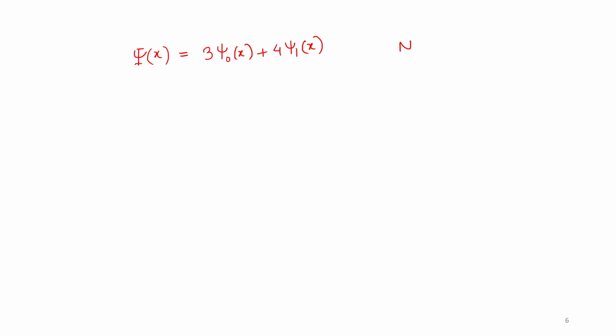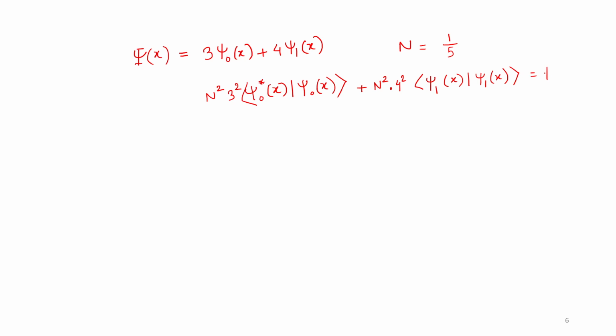What will be the normalization constant here? n squared times 3 squared times the integral of psi_0 star psi_0, plus n squared times 4 squared times the integral of psi_1 star psi_1, and the cross terms are orthogonal to each other.